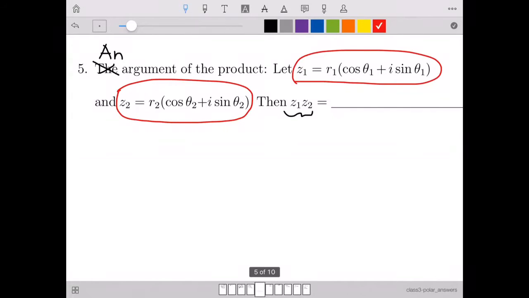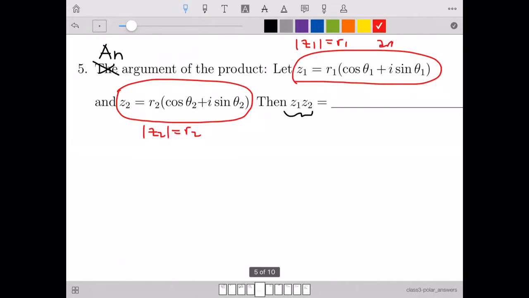So absolute value of Z1 is R1, absolute value of Z2 is R2, and little arg of Z1 is theta 1, and little arg of Z2 is theta 2.